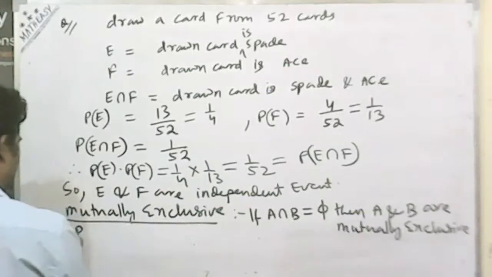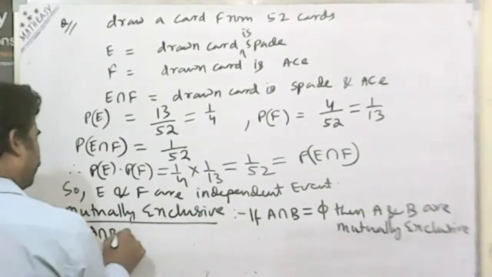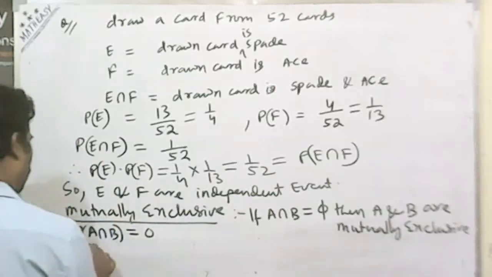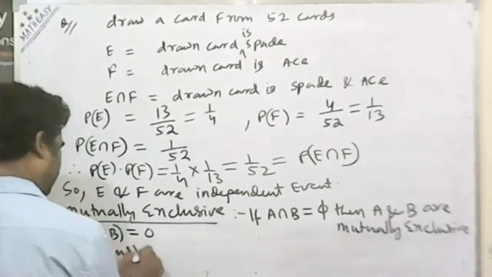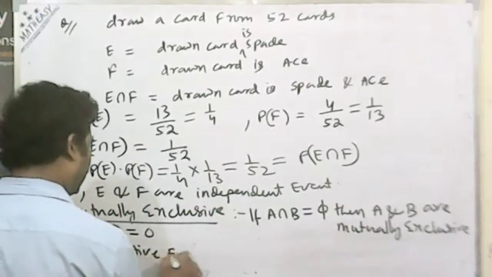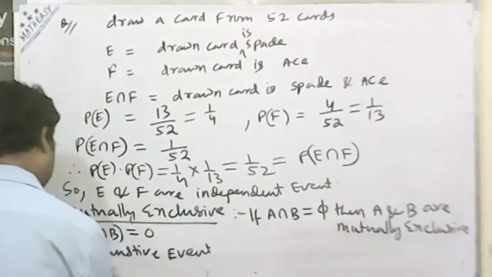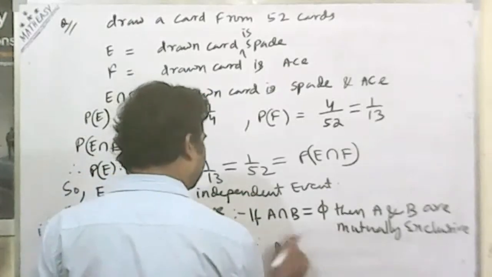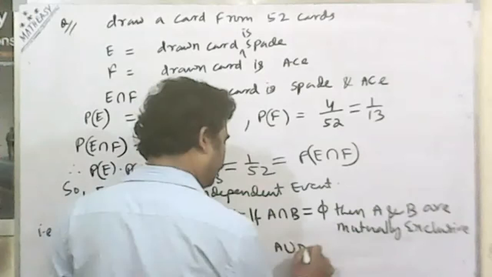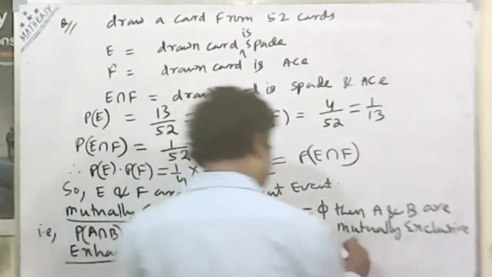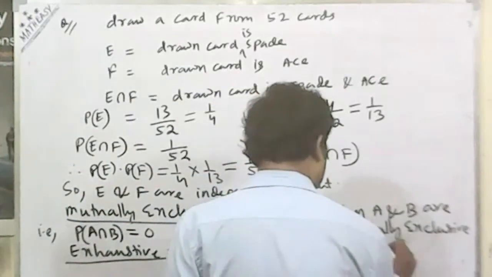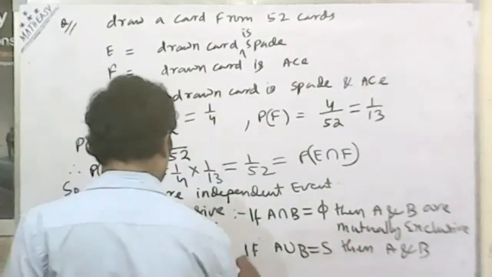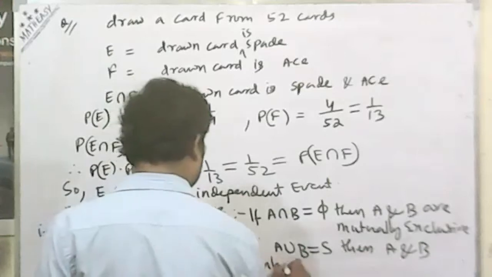That means probability A intersection B is equal to 0. Then exhaustive event. Exhaustive event means if A union B is equal to sample space, then A and B are exhaustive events.